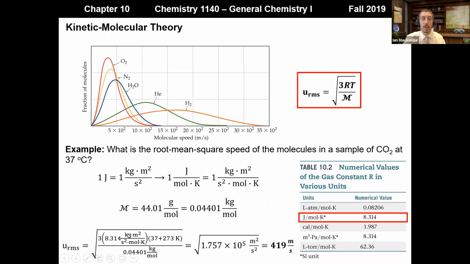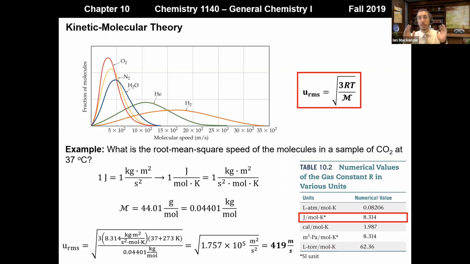And now I'll notice that kilograms will cancel, moles will cancel, Kelvin will cancel, and I'll be left with just meters squared per second squared. That works out well because it's a square root. So when I square root the number inside, I also square root the units. And so the square root of meter squared per second squared is meters per second. And I now come out with logical units for speed of 419 meters per second.